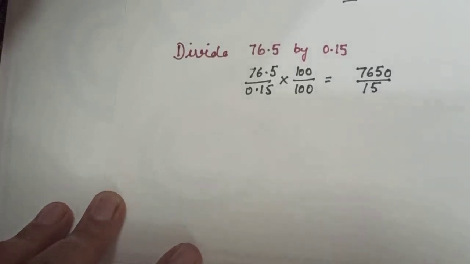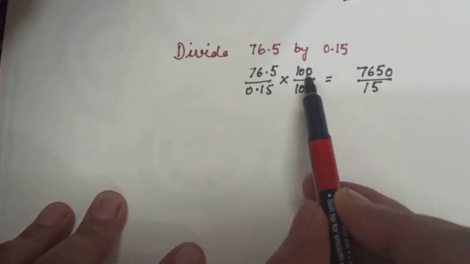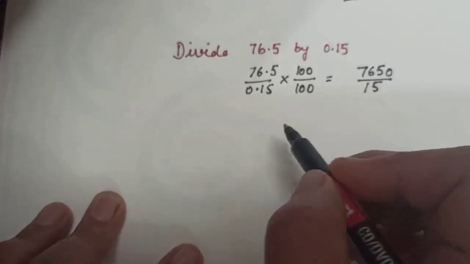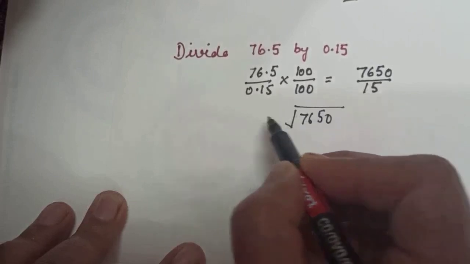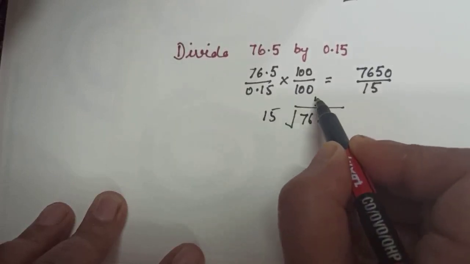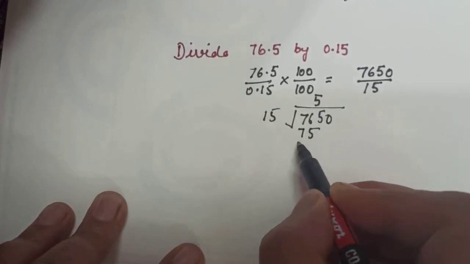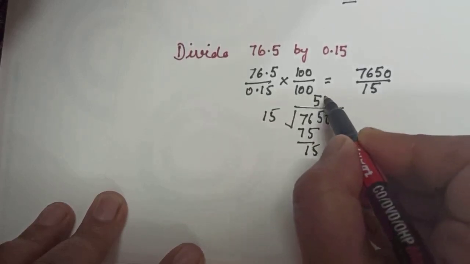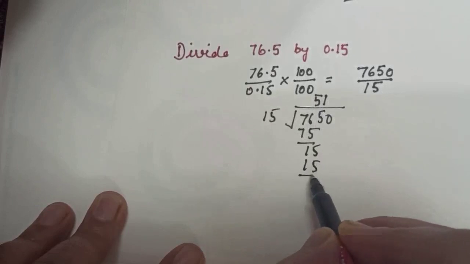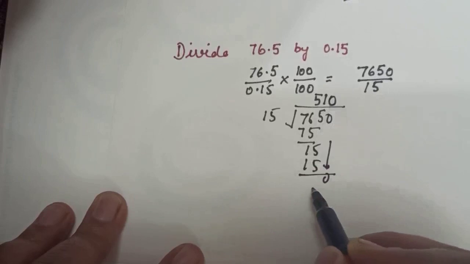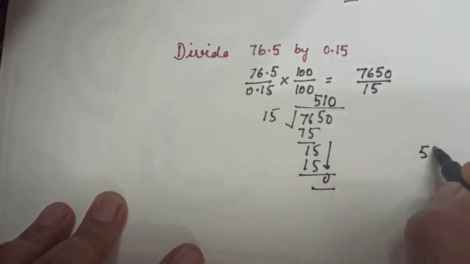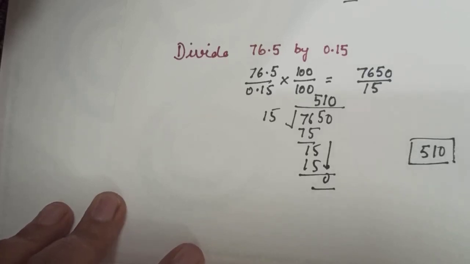This way here we get both the numbers without decimal, but here one extra 0 we put here. Now they are simple numbers and we can divide them. 15 5s are 75, 15 1s are 15. This 0 is left here, so 15 zeros are 0. So your answer is 510. Alright.